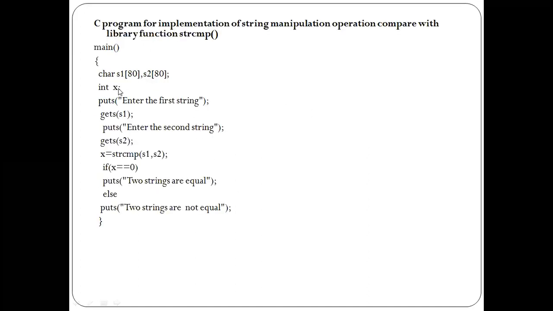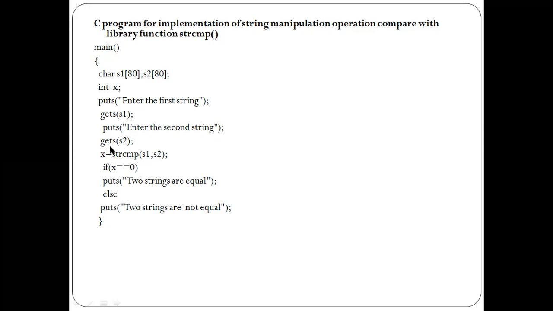Here is the example. I am taking character arrays S1 of 80 and S2 of 80, and an integer x. puts enter the first string, gets(s1); I am entering the first string here. puts enter the second string, gets(s2); Here x equal to strcmp(s1, s2).